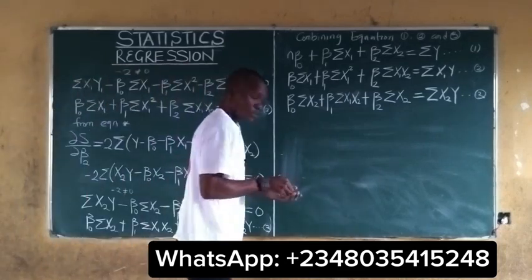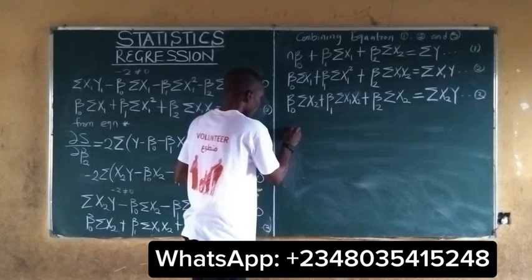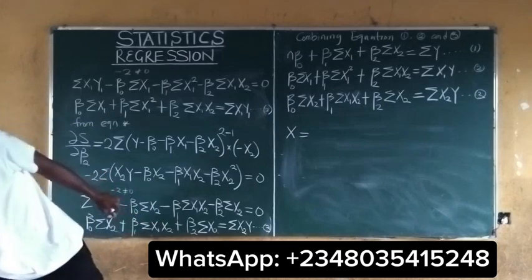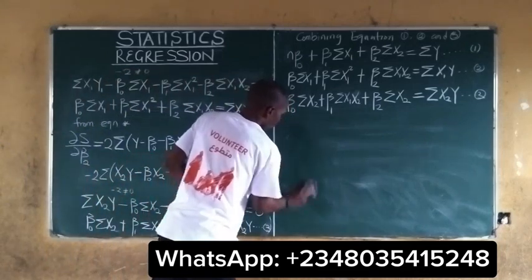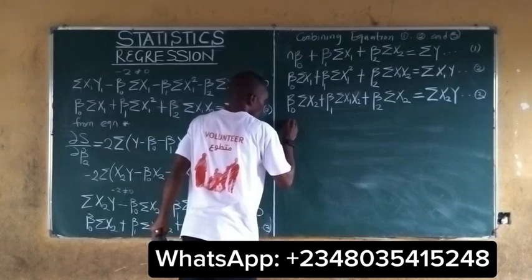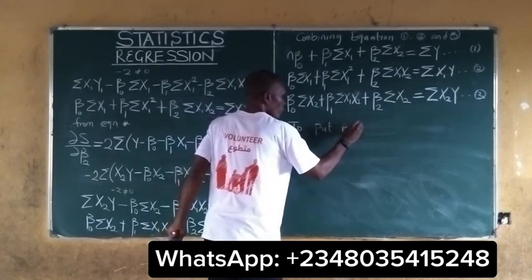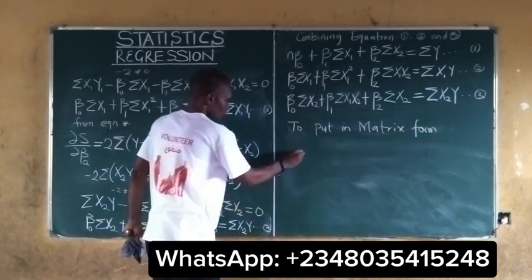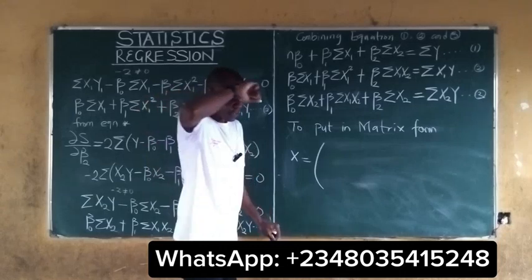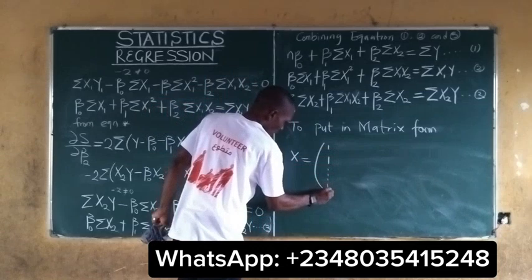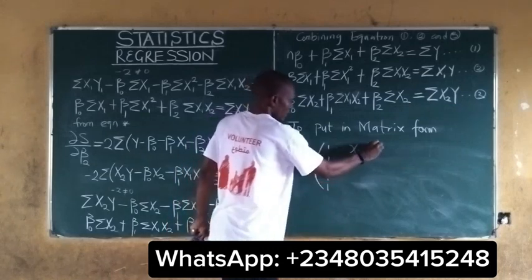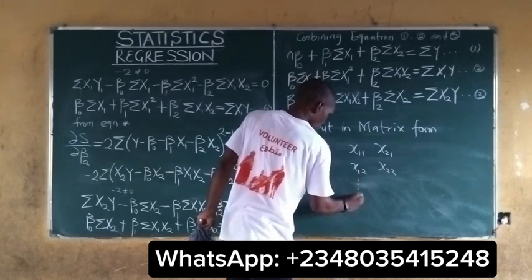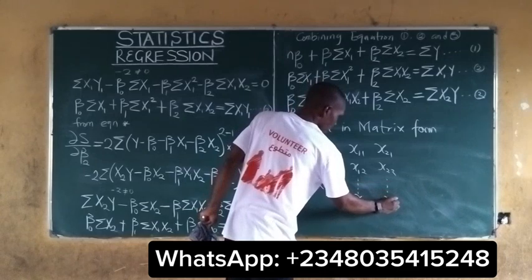To write the values for x in matrix form, because that will be the easiest way to compute this, X will give us 1, 1, 1, x1 1, x2 1, x1 2, x2 2, up to x1n and x2n.